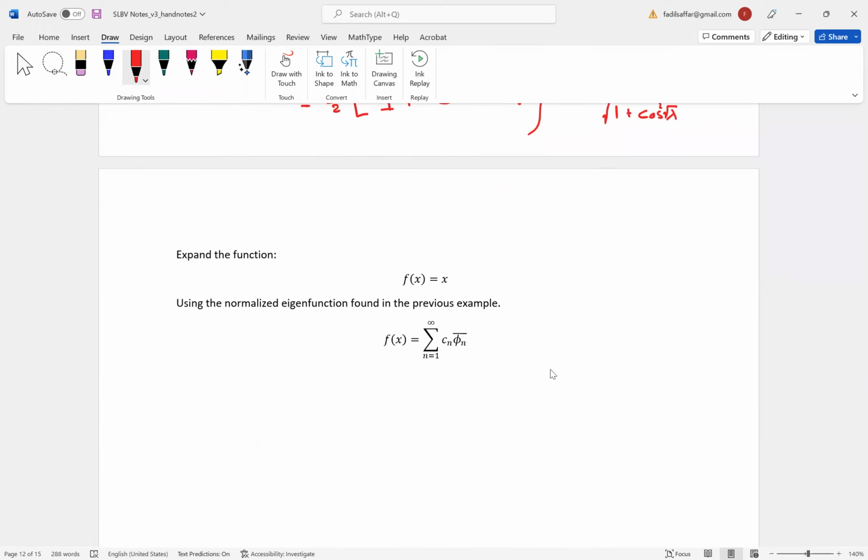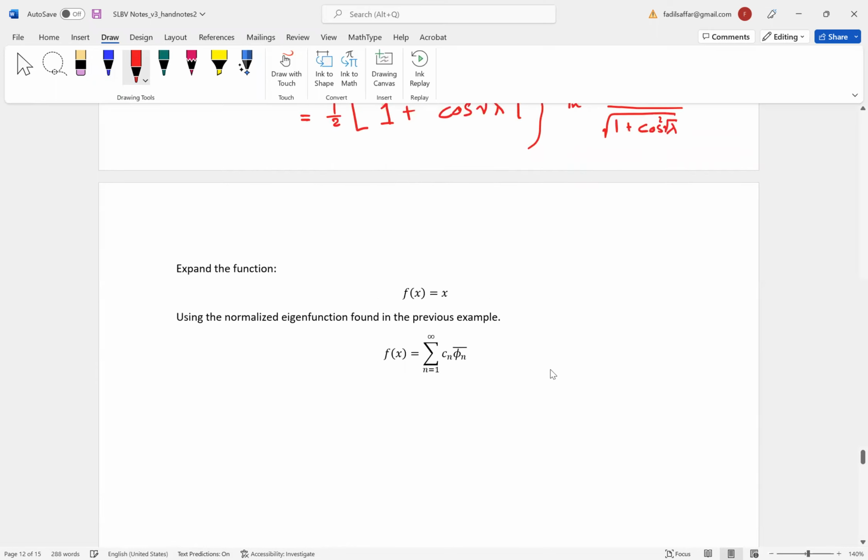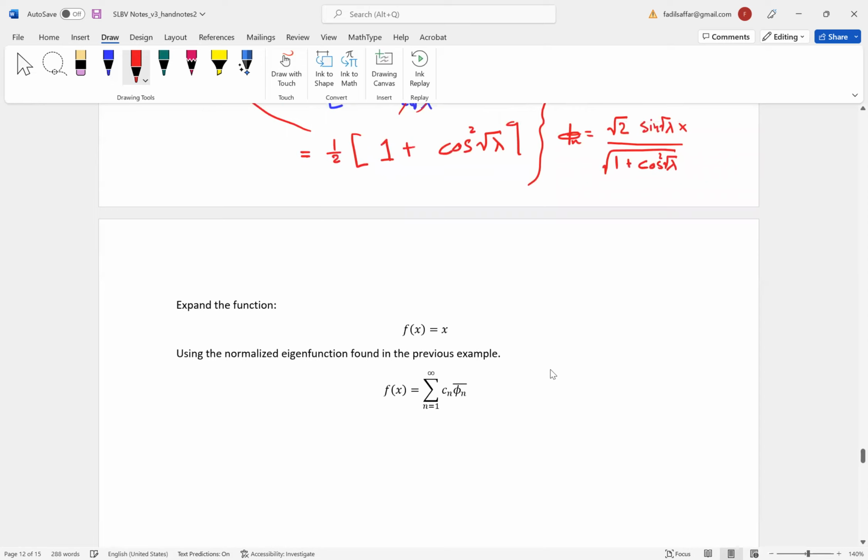So when we spoke about the vectors, basically what I was saying is that it is possible to virtually expand any function in terms of base functions, which is the one that we created, which is, for example, phi or the function space.